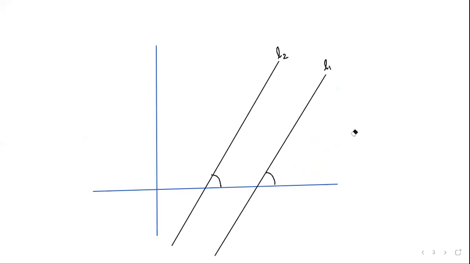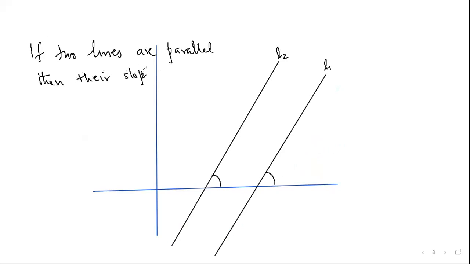If 2 lines are parallel, the slopes are equal, because the angles are equal.